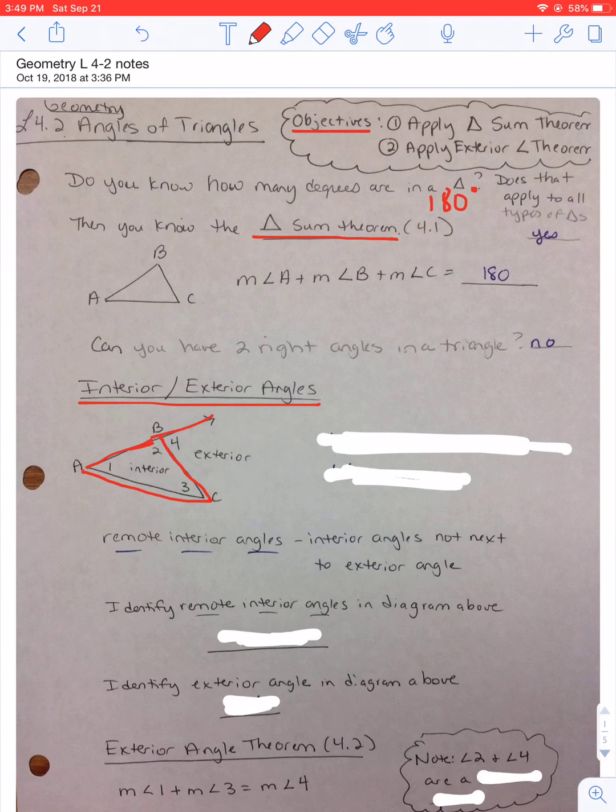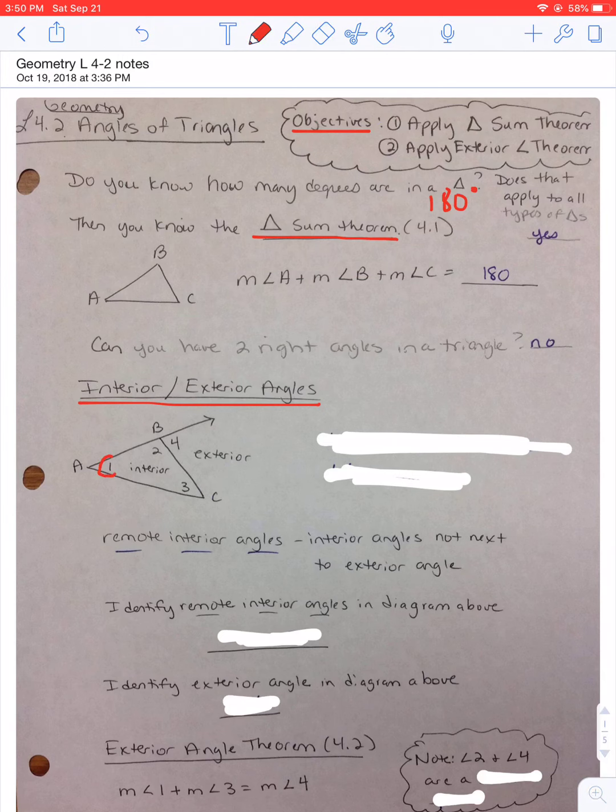However, even though 1, 2, and 3 are all interior angles, there is a specific name for some of these interior angles. So I'm going to circle the ones I mean.